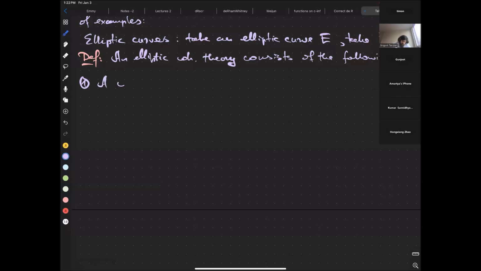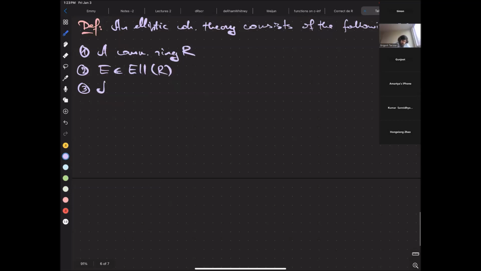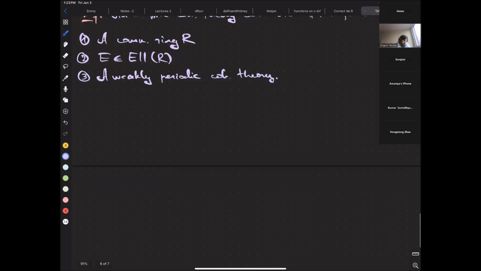So you have a commutative ring R, you have some elliptic curve over R, and you have some weakly periodic cohomology theory in the sense of the above definition.